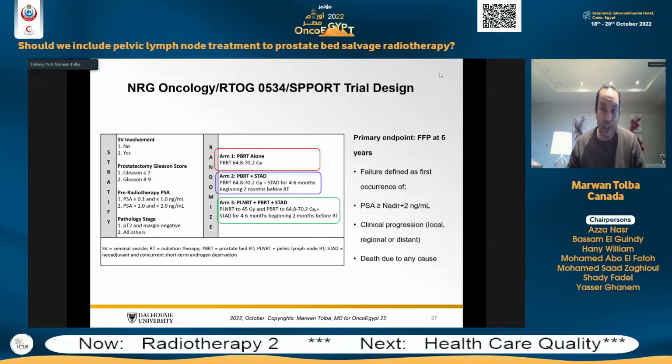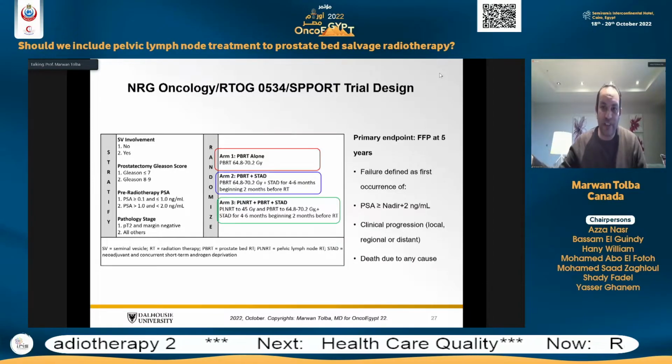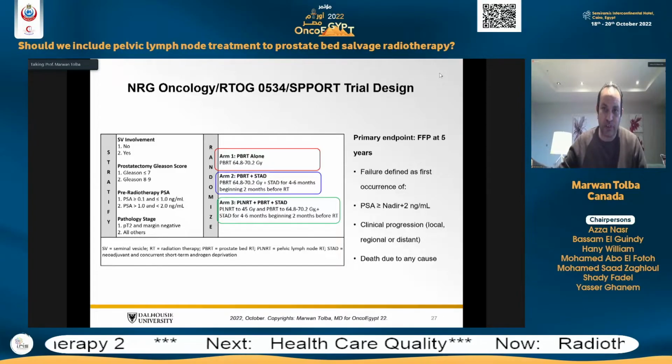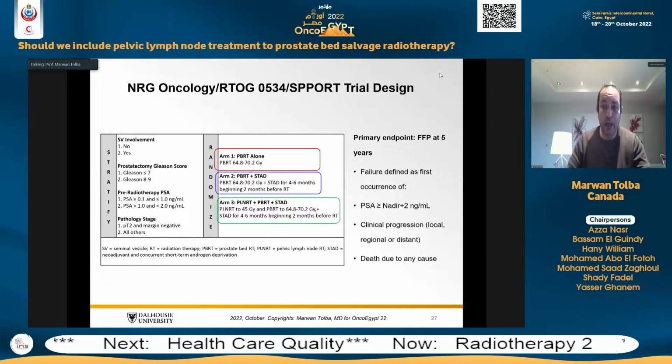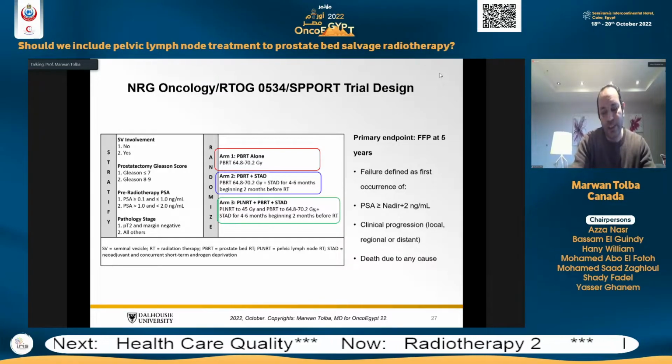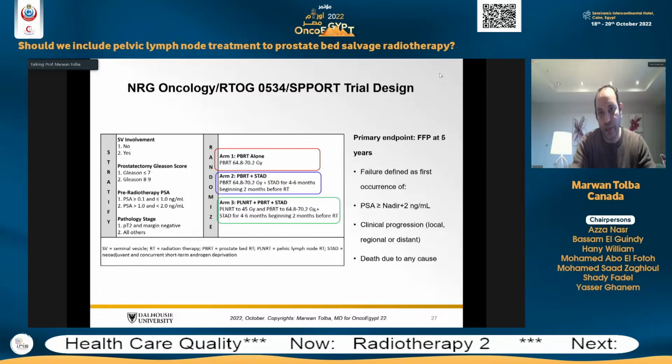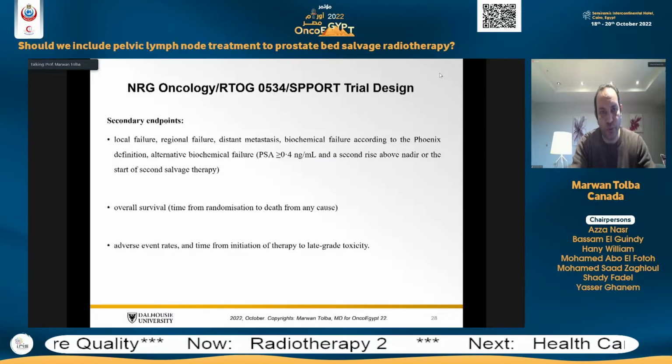So the definition of nadir plus 2 was for the failure of the treatment on the trial, the failure after radiation therapy. But the 0.1 cutoff was the triggering treatment value for the post-prostatectomy radiation therapy. I hope this would be clear.